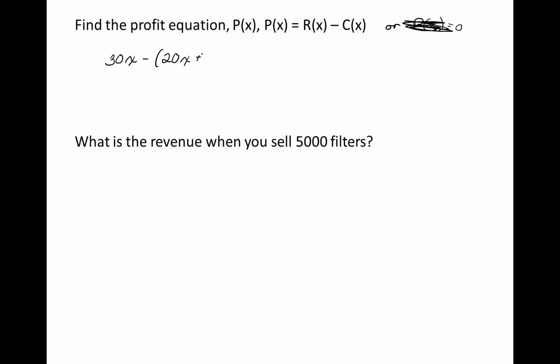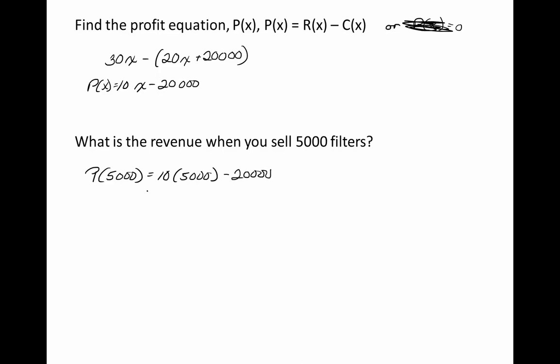Number 7 says, what is the profit in producing and selling 5,000 filters? So you use your profit function, substitute 5,000 for x, and when you do that and calculate through there, you get 30,000 for an answer. Then, to complete this problem, we want to know, what is the break-even point?